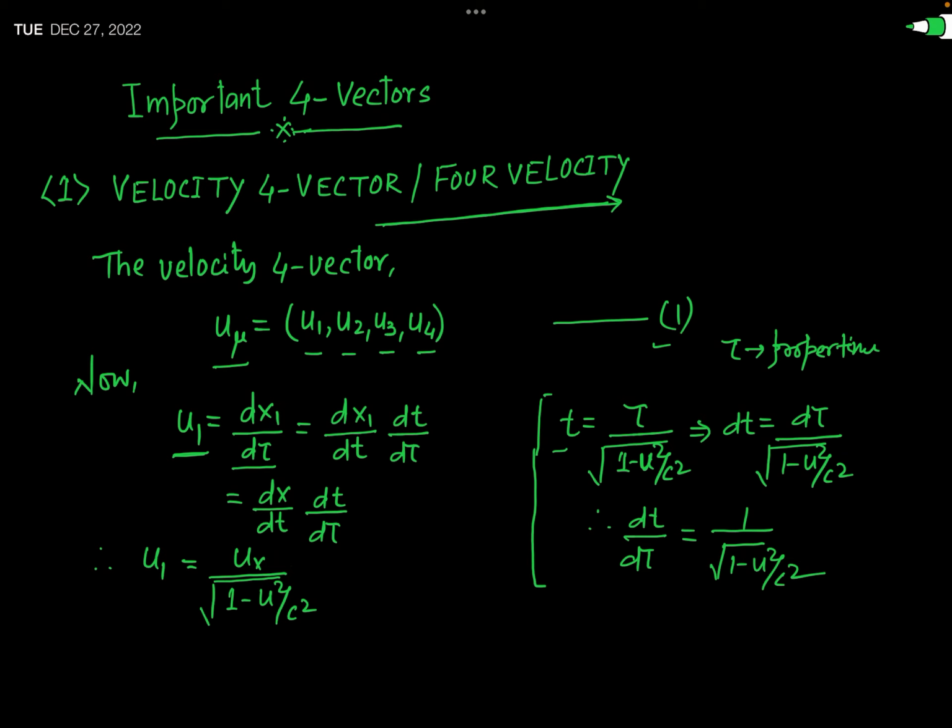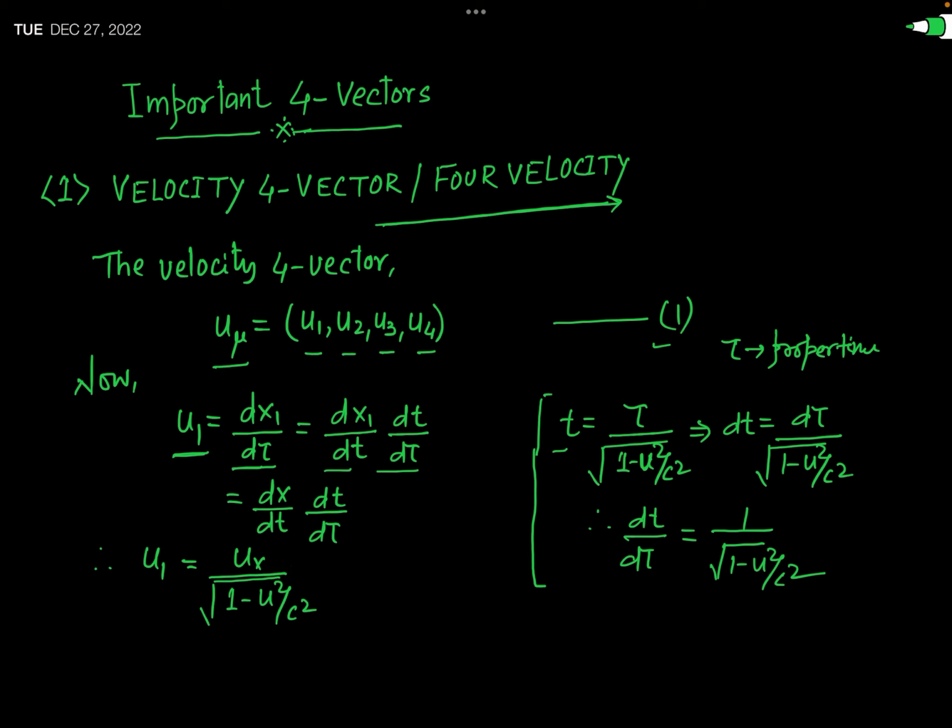So in fact, this dx1 by d tau, which is equal to u1, can be written as dx1 by dt times dt by d tau, because you can see that this t is just a function of tau.